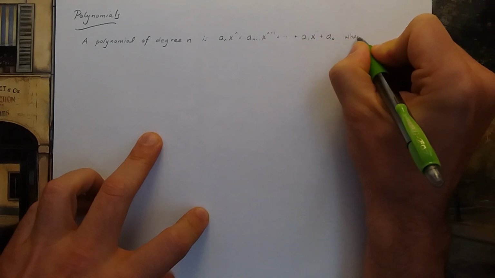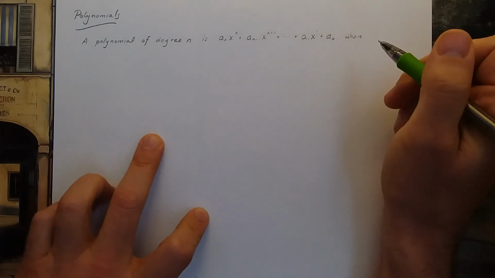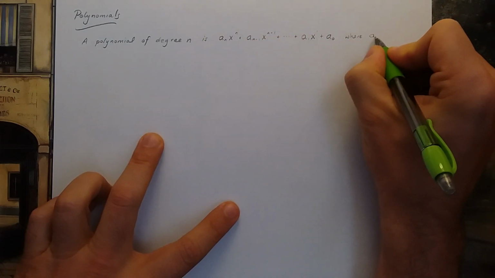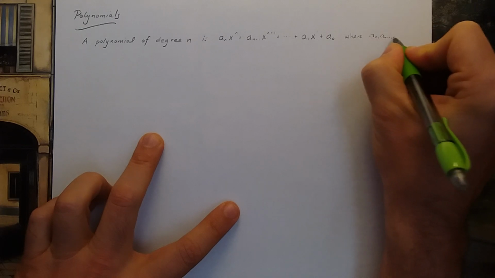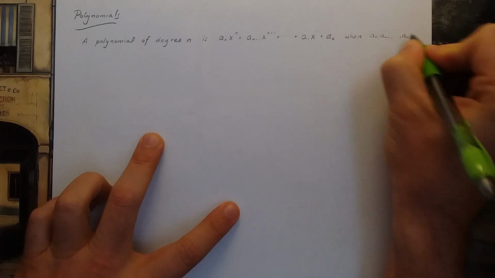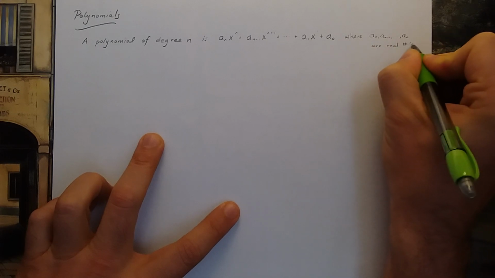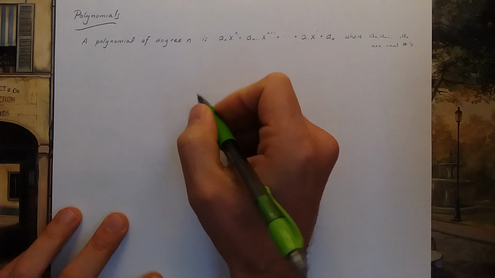And x is a variable, x is an unknown, but these a_n, a_(n-1) things are real numbers. So that's what a polynomial is.